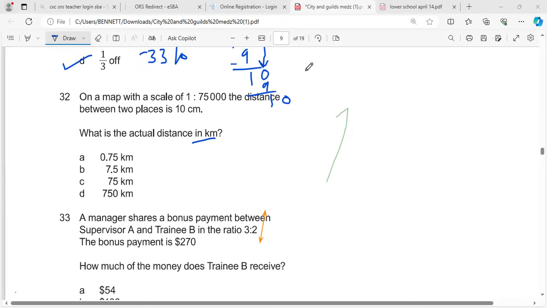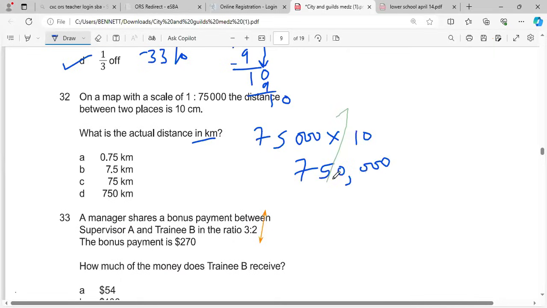So what I did, I put 75,000 times 10, and you add a 0, which will give you 750,000. And once you get 750,000, you need to convert it to kilometer. 750,000 converted to kilometer would equal 7.5 kilometer.